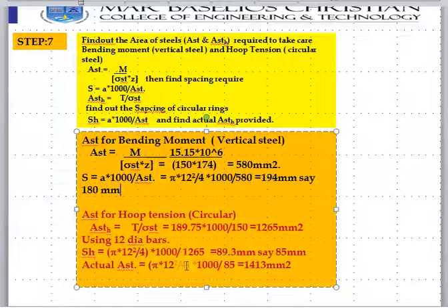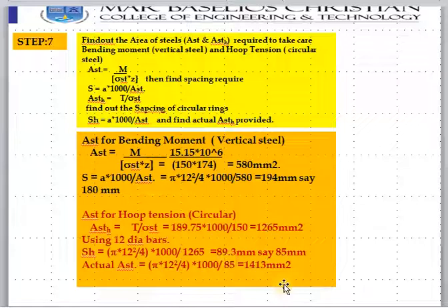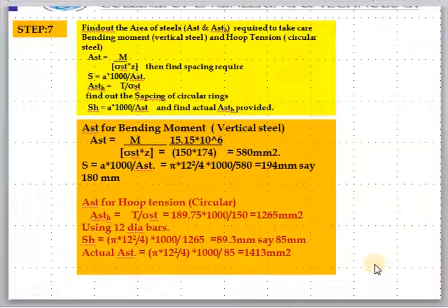Same procedure, you know: pi d square by 4 into 1000 divided by spacing, instead of AST you give spacing. So you will get 1413, because you got 1265 only. Since you reduced the spacing from 89.3 to 85, you will get more reinforcement, 1413, because this one we need for checking the axial tension in concrete.